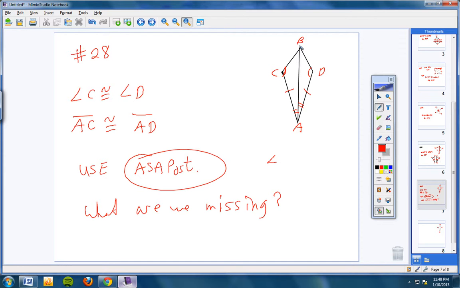Do you see that? Angle B down to A and up to C, that little angle right there. So angle BAC is congruent to angle what? BAD. That's what's missing, and that's your answer right there.